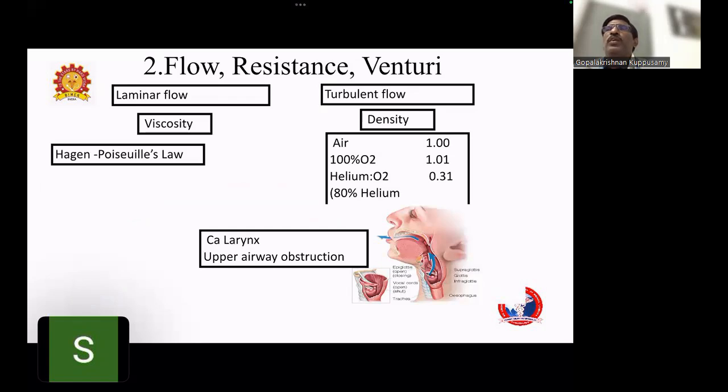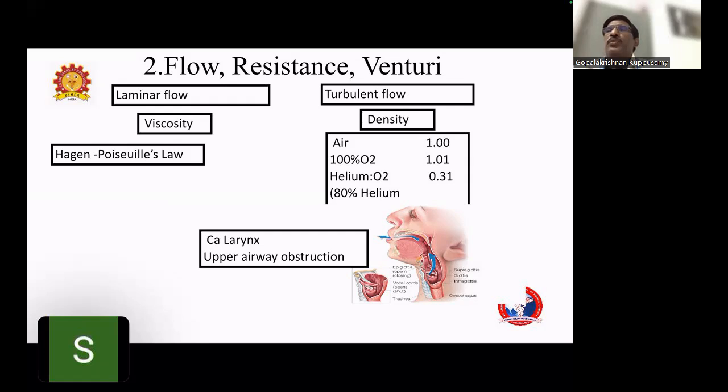When it comes to the tube, laminar flow is decided by the viscosity, and it is given by the Hagen-Poiseuille law. In case of an orifice, the turbulent flow is affected by the density of the flowing gas. If you take air, its density is 1, 100% oxygen is 1.01.